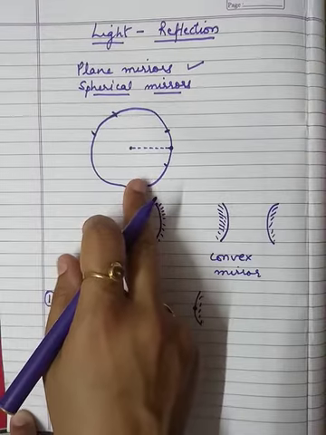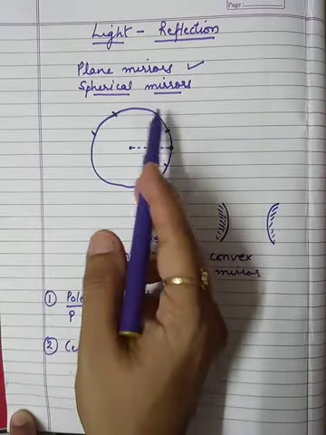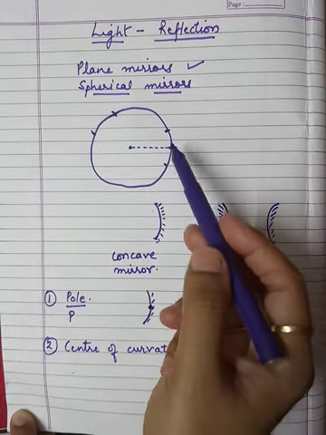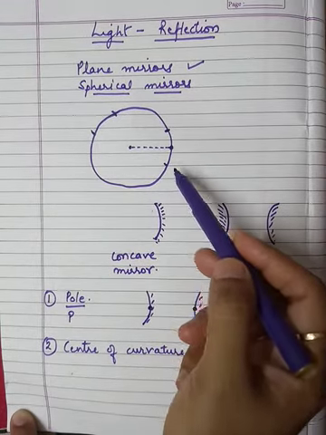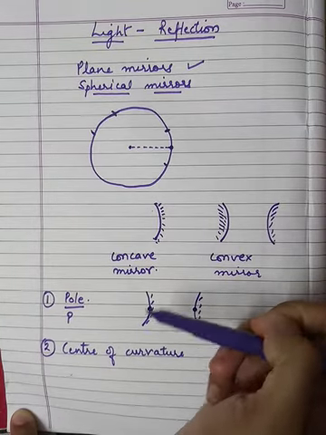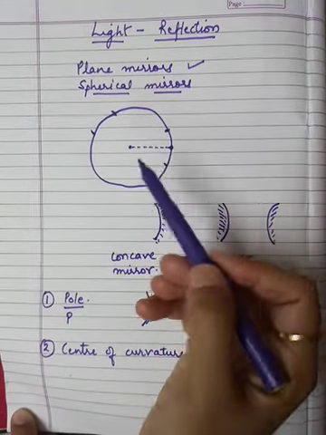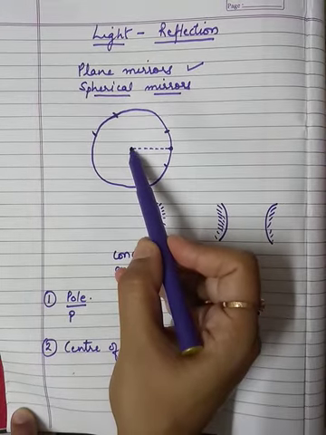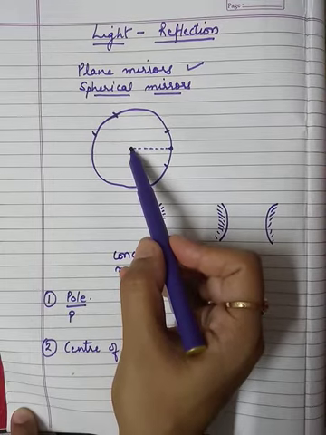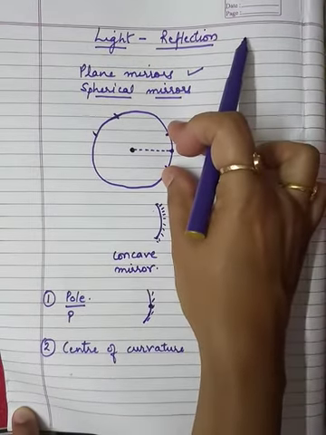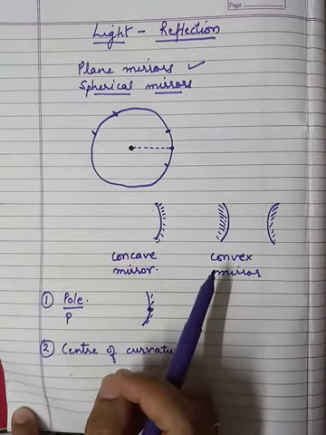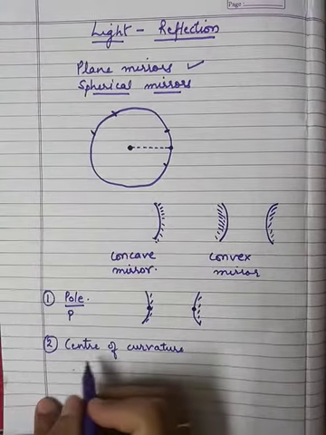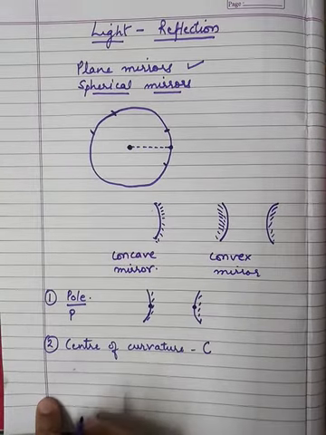I told you this is a diagram of a hollow glass sphere from which the piece has been taken out and made into the mirror. There must be some center of this hollow sphere, the one we considered. This center will be called the center of curvature, represented by capital C.